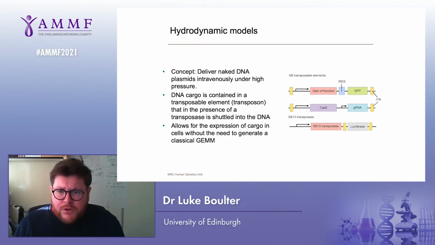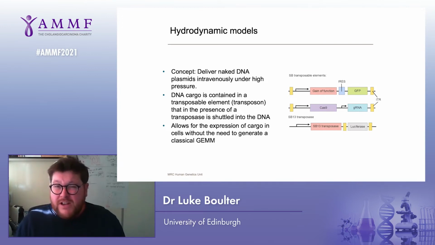So you use a genetic trick where you express a transposase, flank your genetic cargo in a transposon, and once that's in a cell, it essentially gets shunted into the genome. So this doesn't rely on classical animal crossing that you require for GEMs, so it's actually very efficient. You can do it in wild type mice.